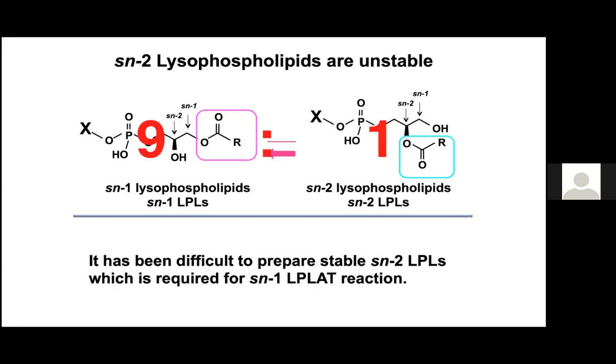As a result of this acyl migration reaction, most SN2 LPL preparations are a mixture of almost 90% SN1 lysophospholipid and 10% SN2 lysophospholipid. So it has been difficult to prepare stable SN2 lysophospholipids required for SN1 LPLAT reactions.